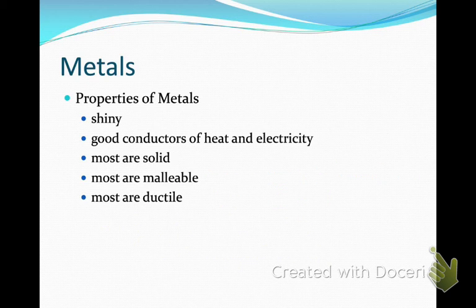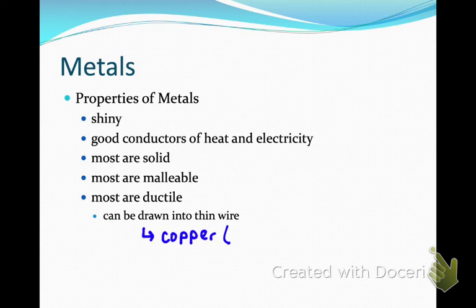Most metals are what we consider ductile. Ductile is also probably a new word for us. It means that it can be drawn or pulled into a thin wire. So there's probably at least one example that's really coming to your mind here about a ductile metal, and that would be copper. Copper is abbreviated Cu.